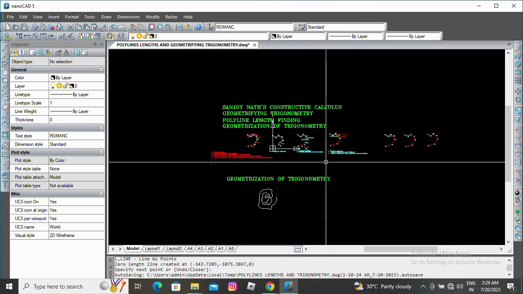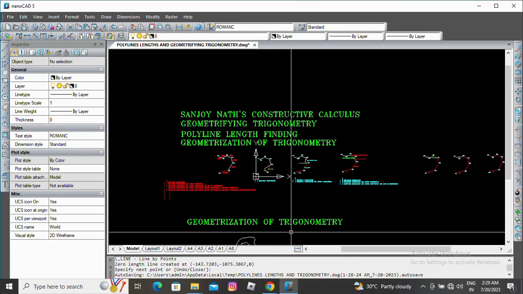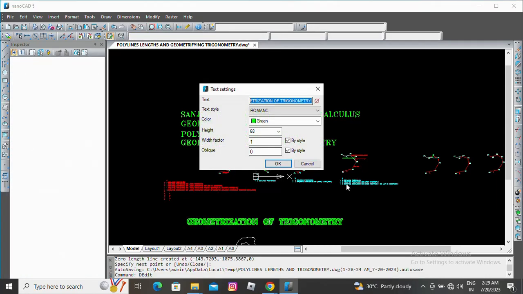That is the beauty of geometrifying trigonometry, and with that we can handle discontinuous curves and also discrete polylines while expressing the exact geometry non-ambiguously.